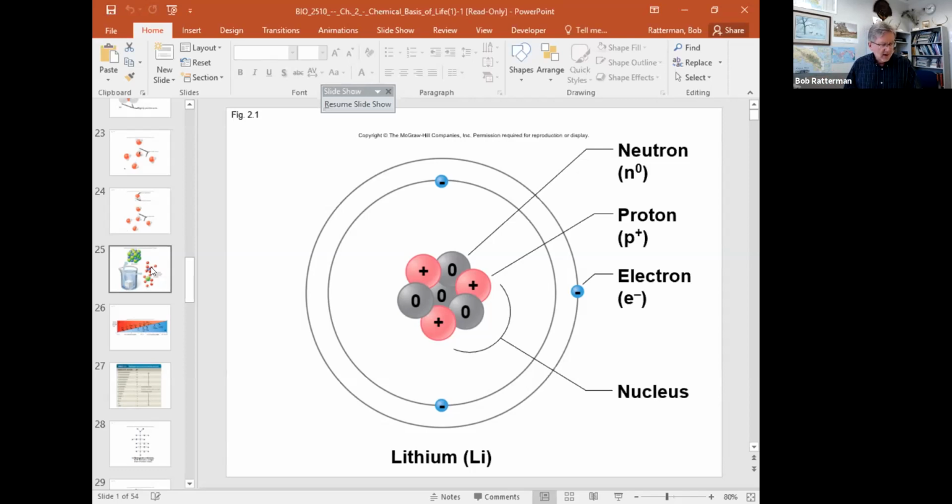Exchange reactions are just where molecules sort of exchange positions to form unique different molecules. So again, AB plus CD yields AD plus CB.